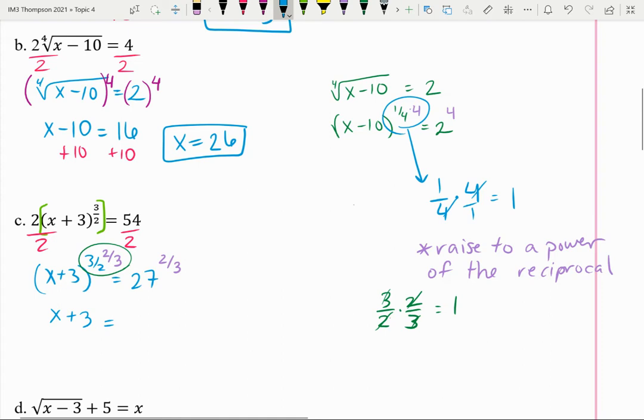Now I have 27 to the 2/3 power. Well, we practiced these things recently. Again, if I have it to the 2/3 power, I'll write it over here. Remember, the 3 becomes the index, and the 2 is the exponent.